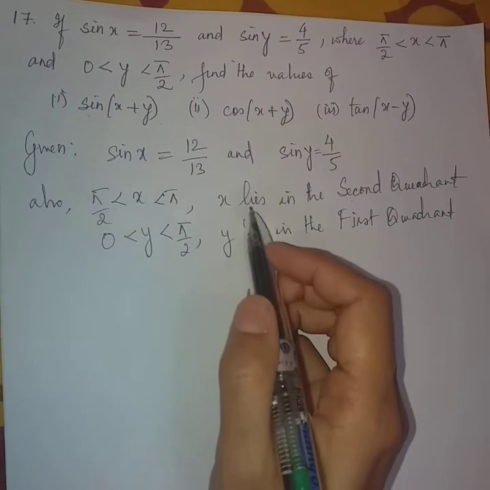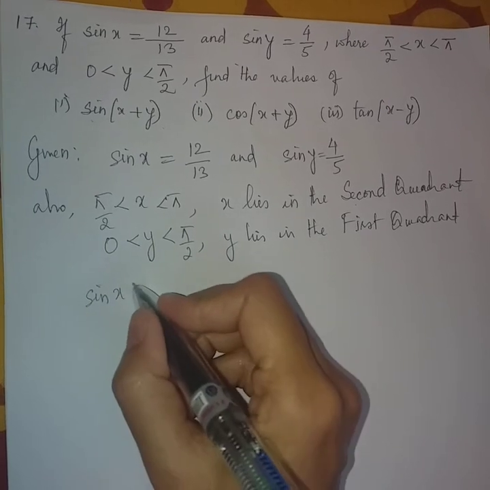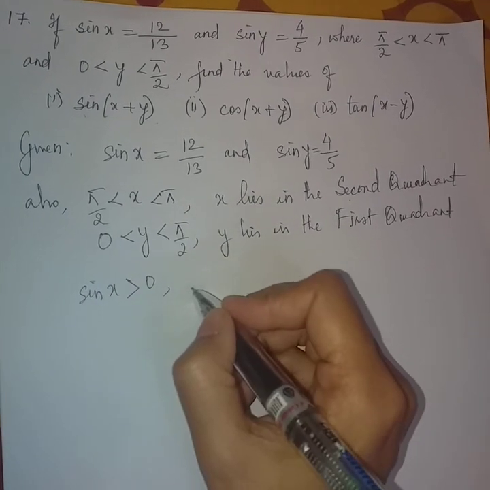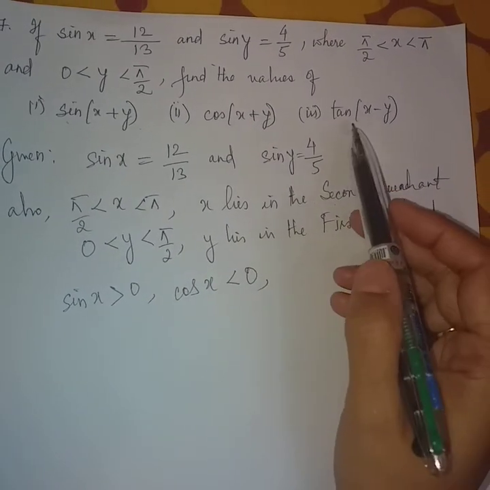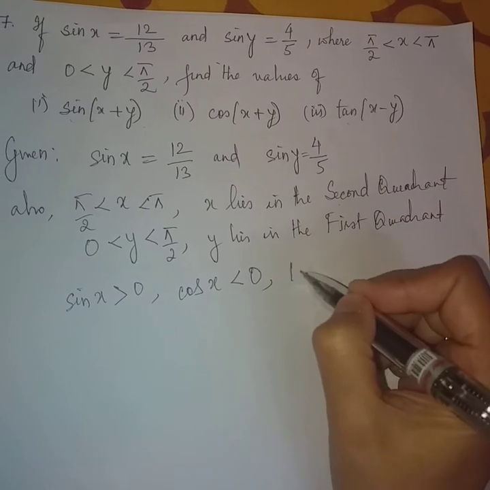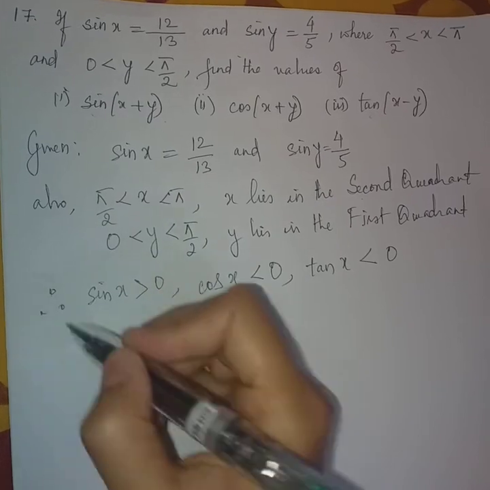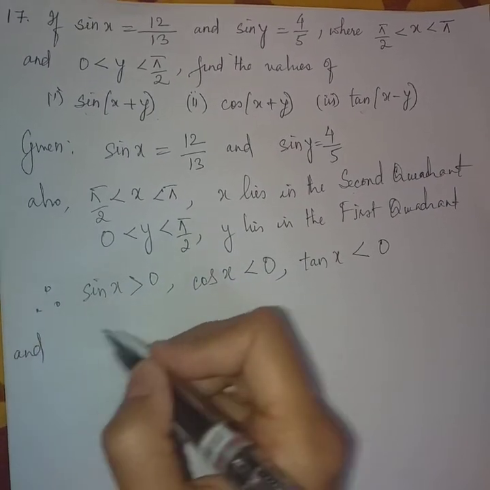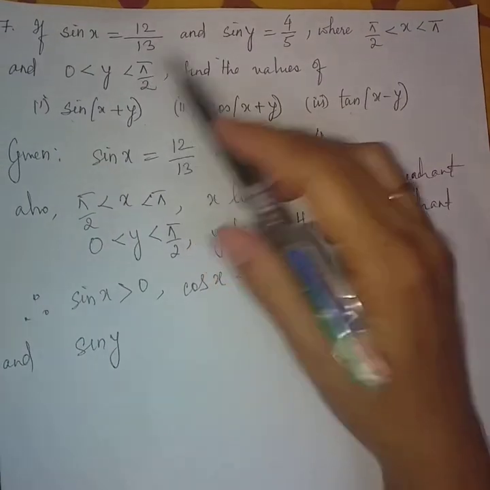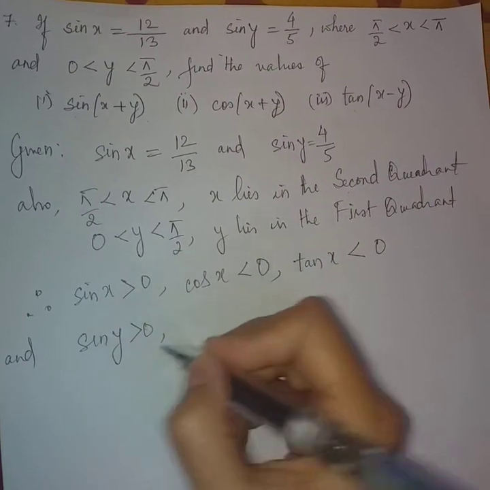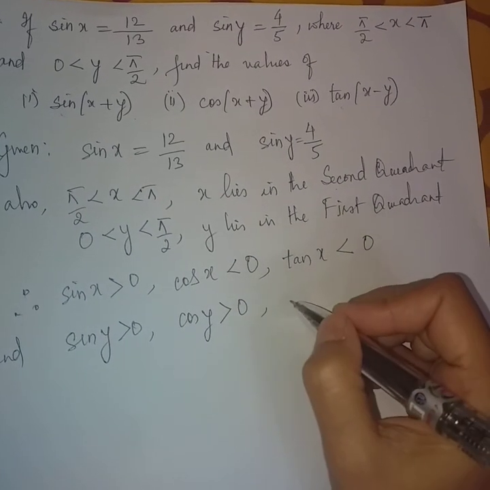Since x lies in the second quadrant, sine of x will be positive, greater than 0. Cos of x will be negative, less than 0, and also we need tan. So tan of x will also be less than 0. And for y, y lies in the first quadrant, so every trigonometric function will be positive, that means the value will be greater than 0.